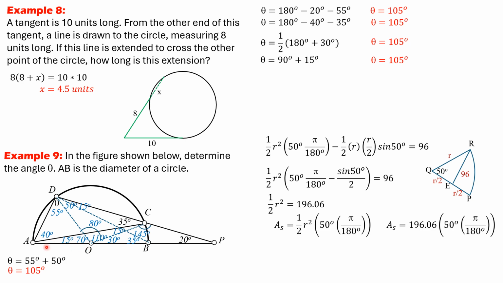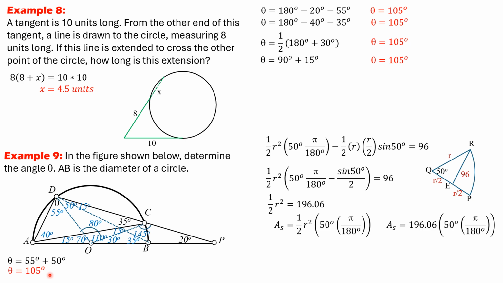So because this is an isosceles triangle AOC, that is also 50 degrees. So 15 degrees plus 35 is 50 degrees, which is equal to that because this is an isosceles triangle. ODC is an isosceles triangle. So 35 plus 15 is 50 degrees. So that's also 50 degrees. So finally, theta is, for the first way, 55 degrees plus 50, which is 105 degrees.